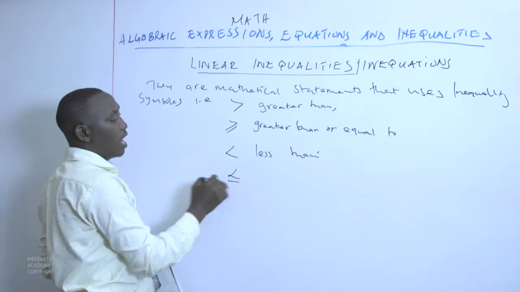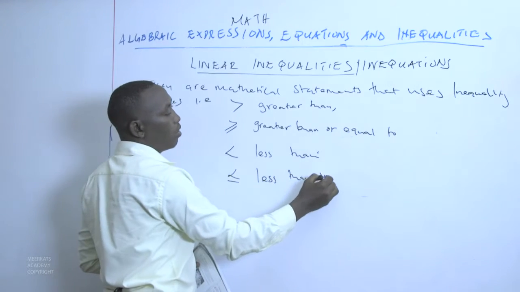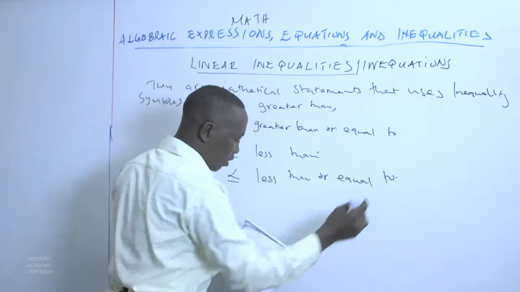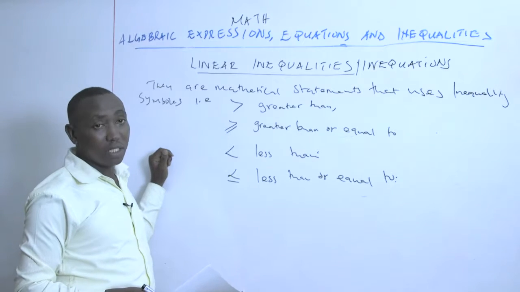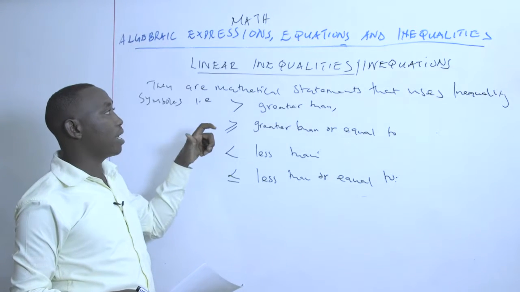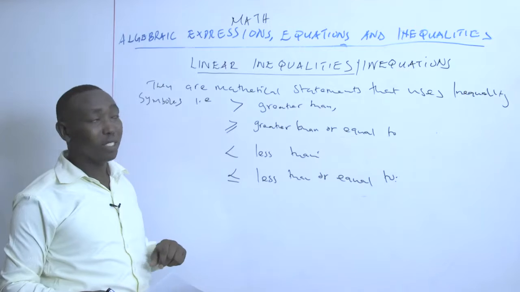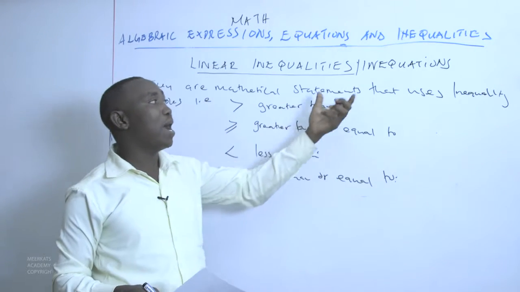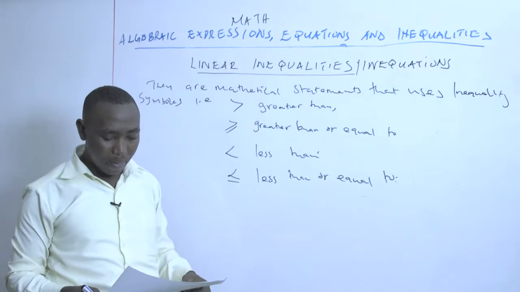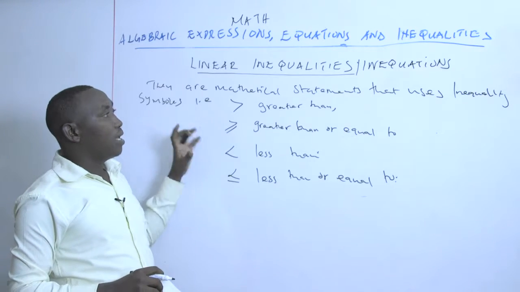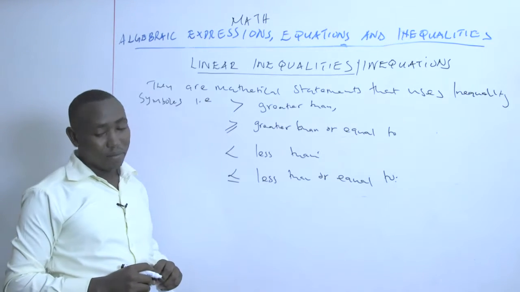We can also have another one that looks like that, which is less than or equal to. These are the 4 inequality symbols normally used in statements of mathematics. Whenever we use these 4 inequality symbols, that problem becomes an inequation, or what we call linear inequalities. We can represent linear inequalities on what we call a number line.